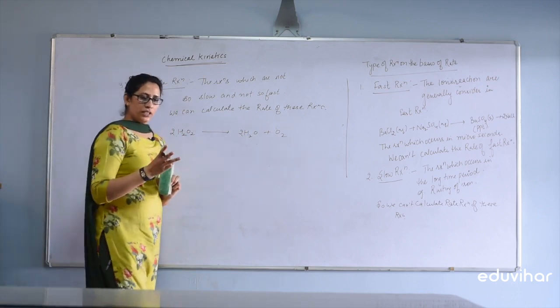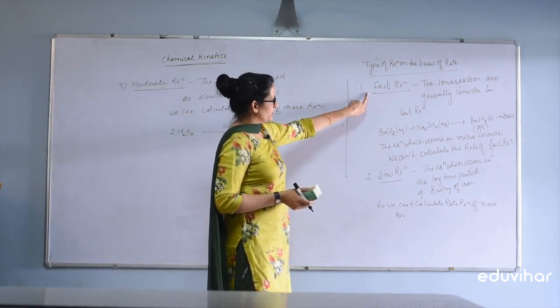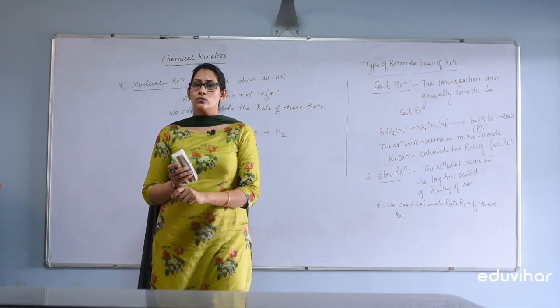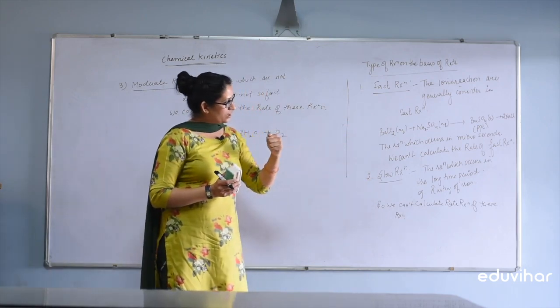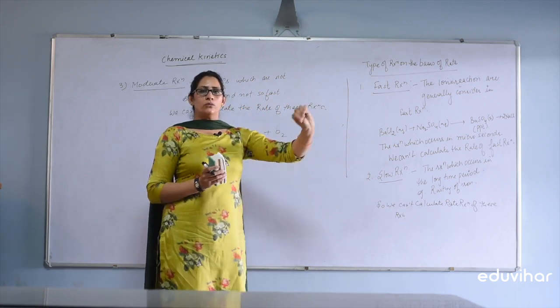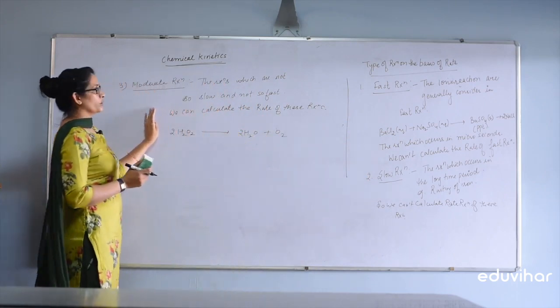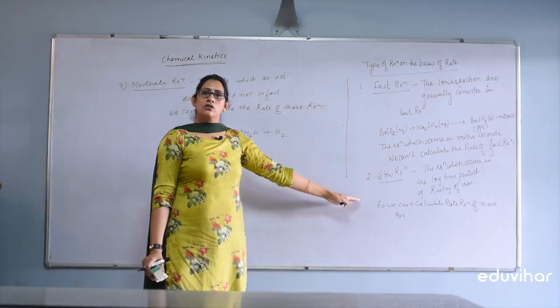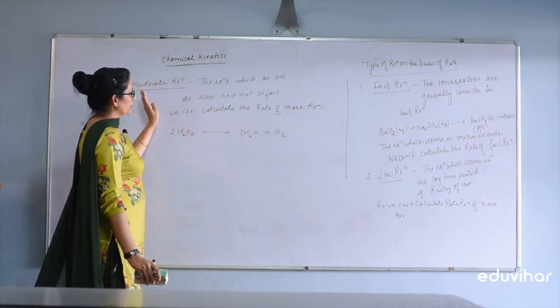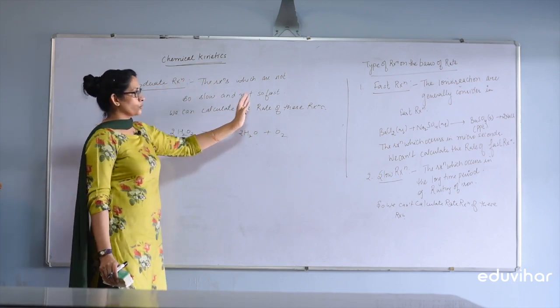We studied about three types of reaction. First is fast reaction, those which occur in microseconds. Second is slow reaction, the reaction which takes long time to complete. And the third one is moderate reaction, which lies between the fast and slow reaction, not so slow, not so fast.